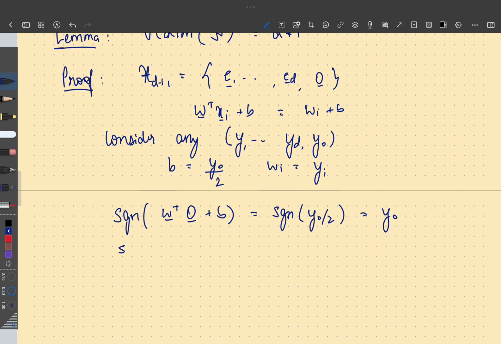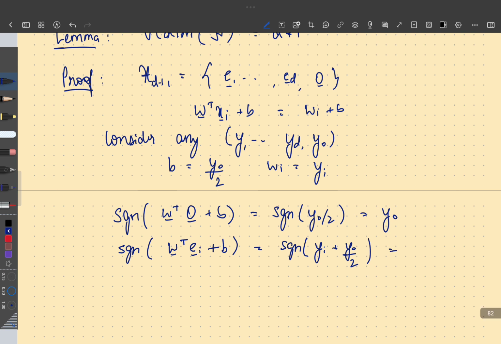And now let us also take the sign of w transpose ei plus b, which is the sign of yi plus y0 by 2. yi is either plus 1 or minus 1, and y0 is plus half or minus half.